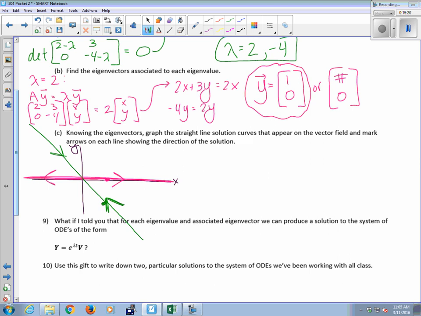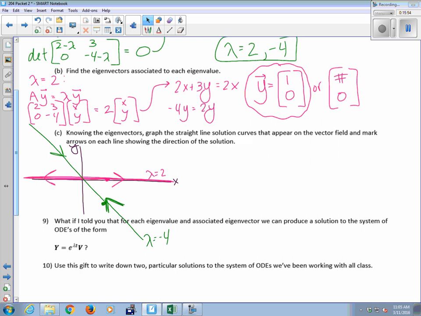So this pink one, remember this corresponded to lambda equals 2. Sometimes we label these just to keep this straight, to remind ourselves why the arrows are going where they're going. All right, so here's a little present for you. I'm just going to tell you that for each eigenvalue and an associated eigenvector, you can produce an analytic solution to your differential equation that has the form e to the lambda t v.